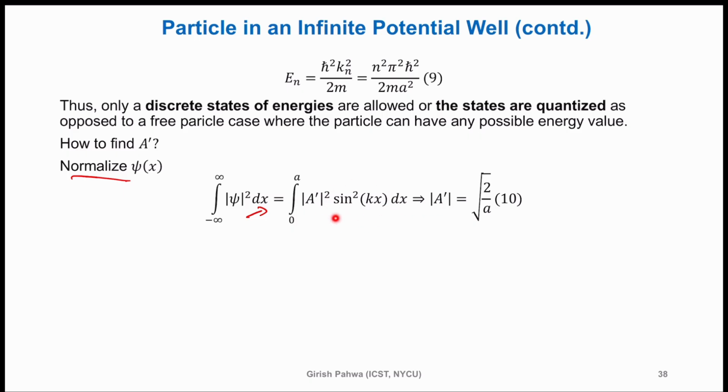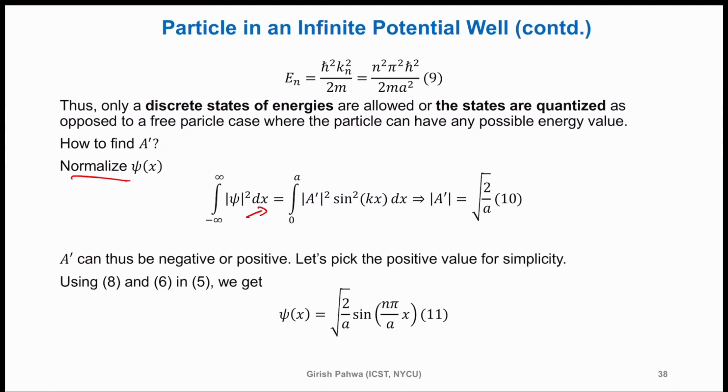You know the integration of sine square kx, right? You can write it in the form of cos. Easy integration. So a dash will be equal to root 2 by a. So what do I get?